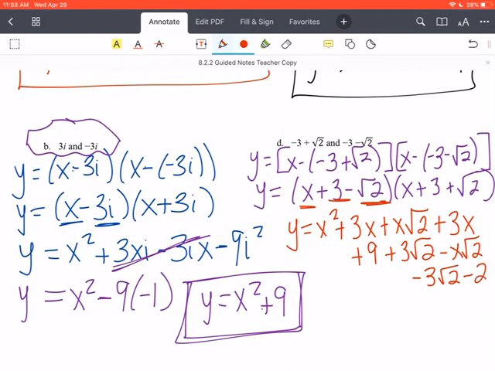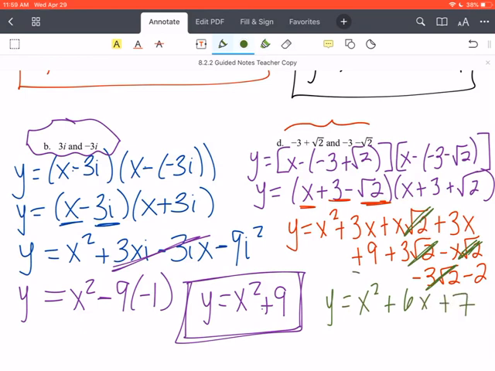These were not complex numbers to begin with, though. These were irrational numbers, but you're going to notice that it kind of works the same way. So we have x root 2, negative x root 2. We have 3 root 2, negative 3 root 2. So now I get y equals x squared plus 6x, and then 9 minus 2 is 7.